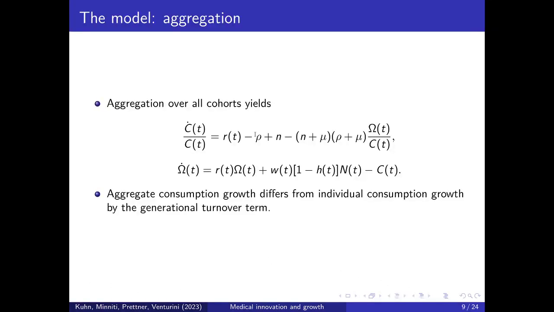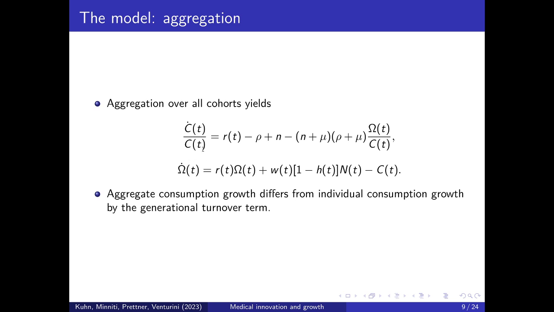Now this would be the end of the story of the consumption side in a representative agent framework, but we do not have representative agents here. Instead, we have to integrate over all cohorts that are alive at a certain point in time to come up with the evolution of aggregate consumption, denoted by uppercase C, and omega, which is the evolution of aggregate assets.